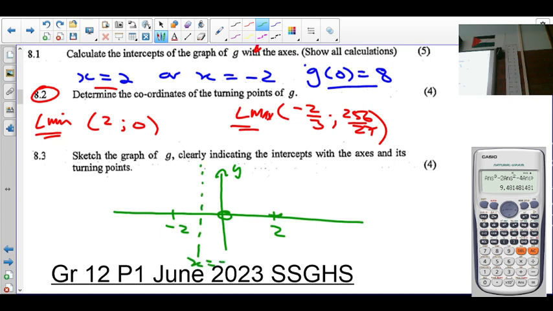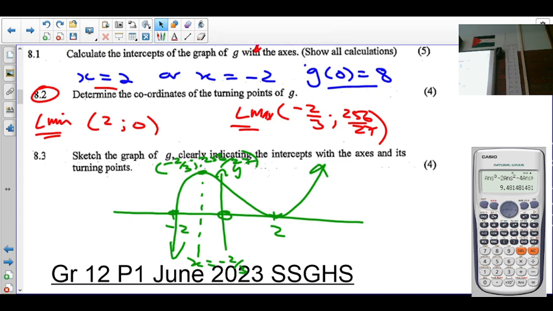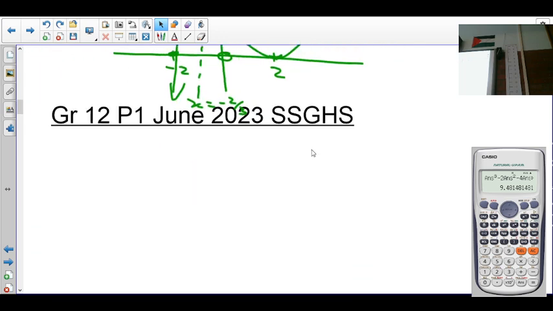So that is x is equal to negative 2/3, and it's turning high at 9.5. Okay, remember the graph is bouncing off here from the axis. Of course, you must write the turning points in, 256 over 27. Okay, that's quite a nice graph there. It's simple to have drawn, that's not so difficult.